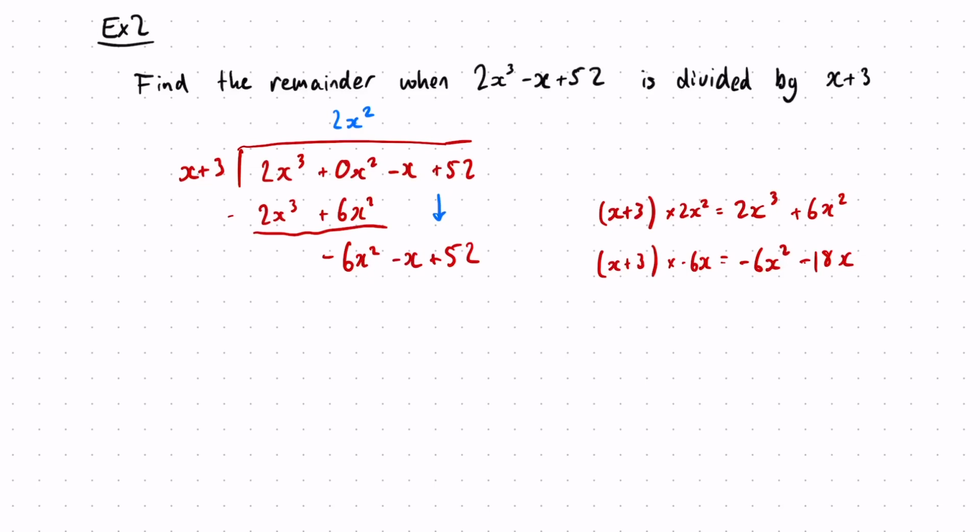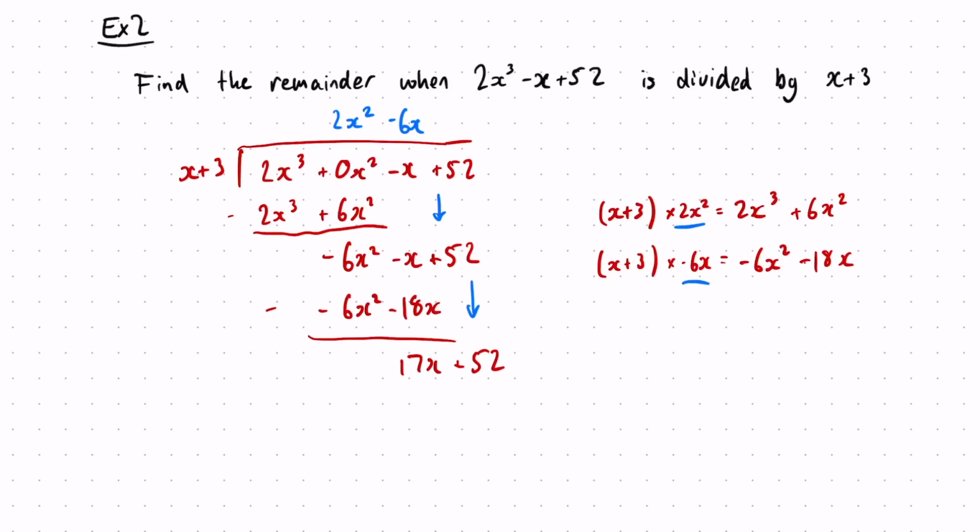So I'm going to take away minus 6x squared minus 18x, which leaves me with 0x squared plus 17x, so 17x plus 52 is what's left over. And I need to move my minus 6x up to the top, so minus 6x goes there.